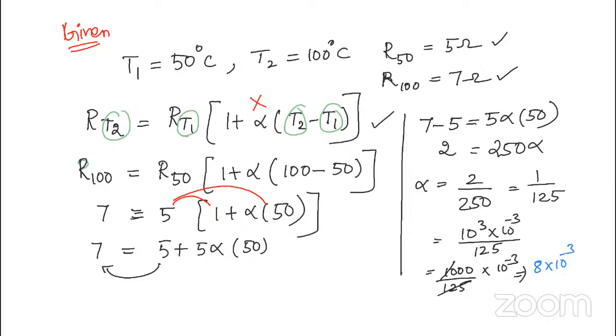With 10 power of minus 3, we move the point forward by 3 digits. So it becomes 0.008 per degree Celsius. This is the answer. So this is option A. Option A is the right one.